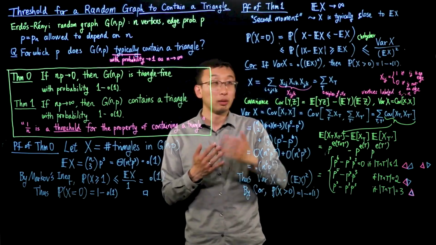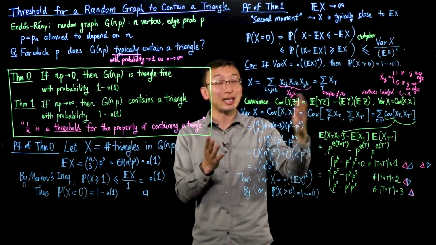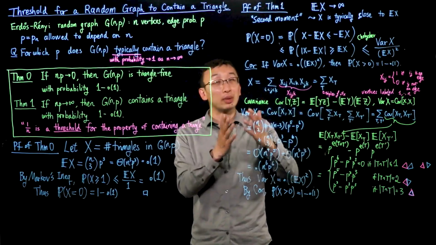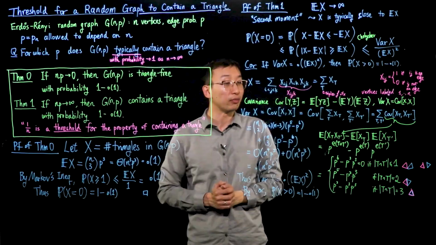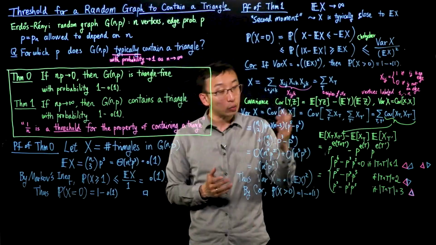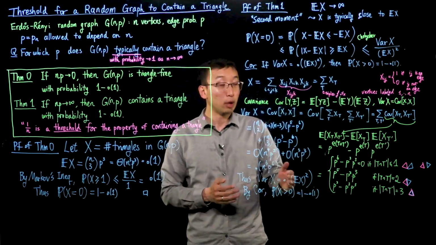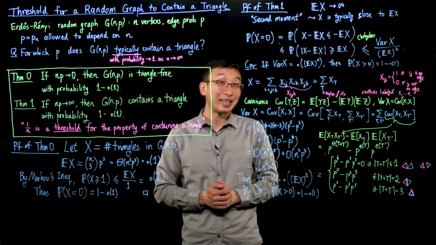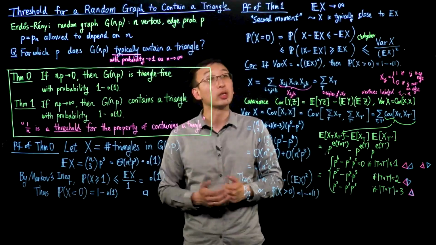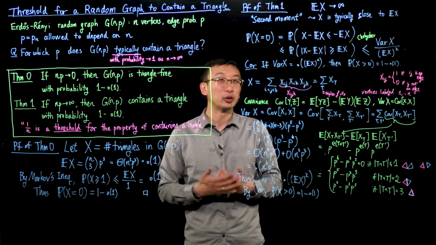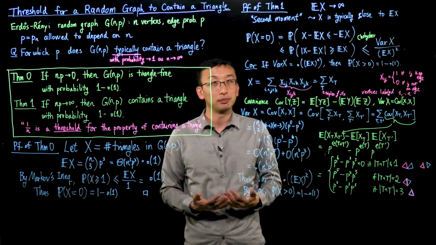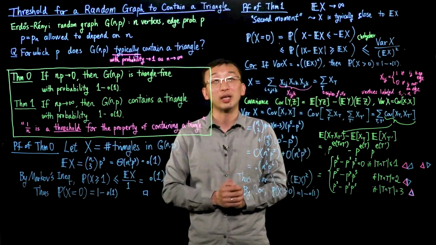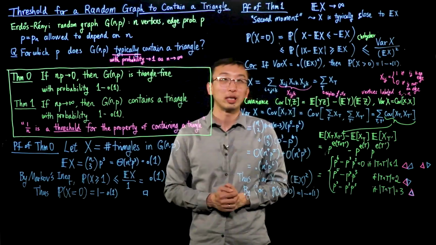This was a second moment calculation, namely computing the variance of this random variable, and showing that the variance is much smaller than the square of the expectation, from which we can use Chebyshev's inequality to deduce that the number of triangles is typically positive. Combining these two proofs together, we obtain this threshold statement.